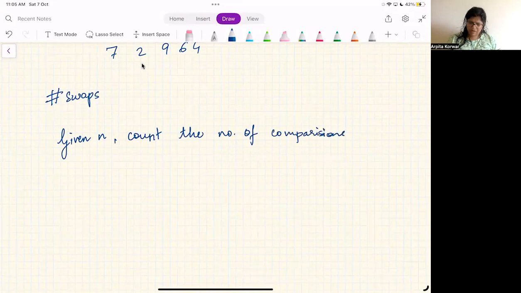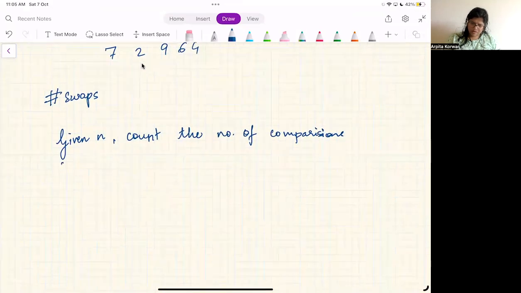Count the number of comparisons for a given permutation, and there are n factorial possible permutations.